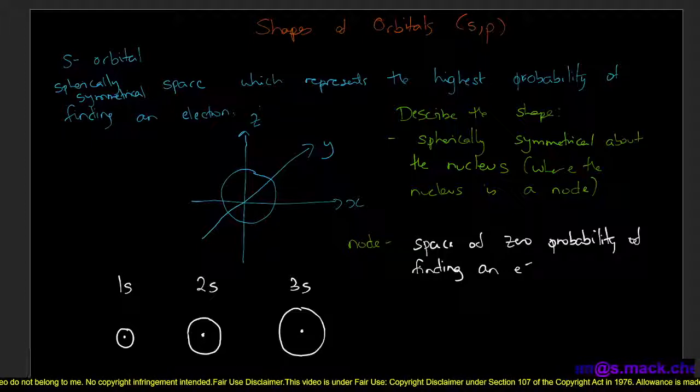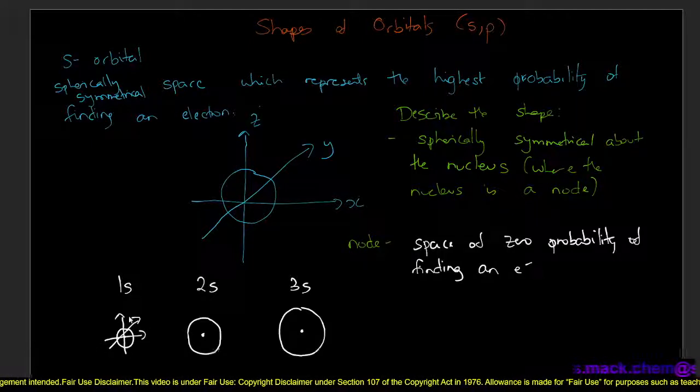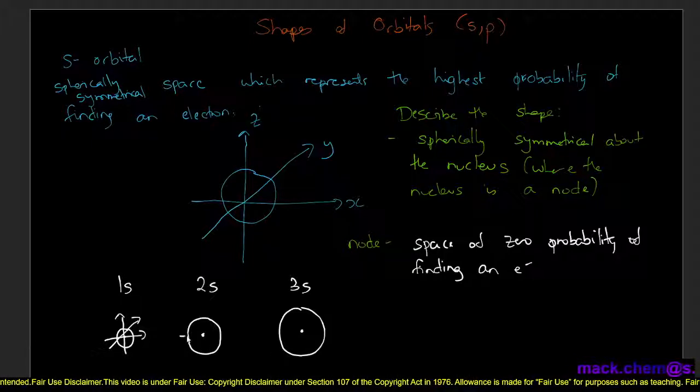I also want to just draw in my diagram. We don't just draw a circle with a dot to represent the node. I must draw in my axes.